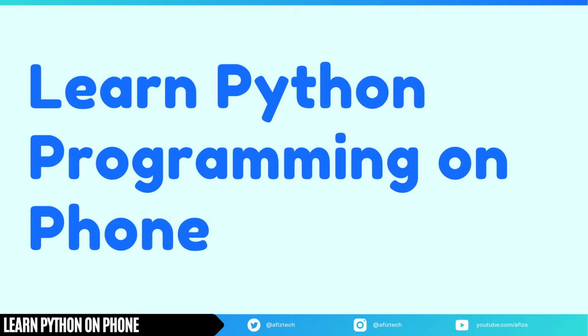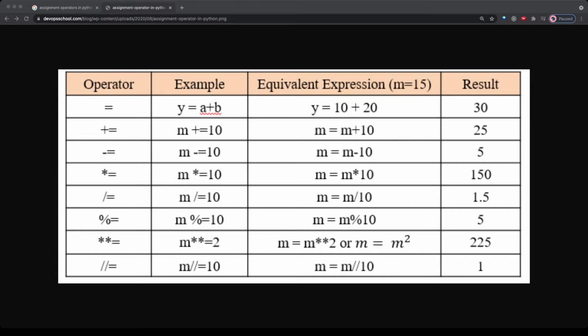So let's move on to today's main topic, that is assignment operators. Basically in Python, there is only one assignment operator, that is the equal symbol. We have already discussed this in the previous class.